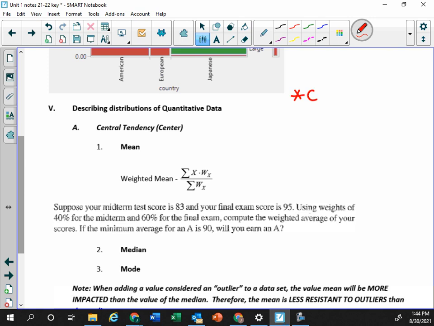You're going to have to CUSS about your distribution. It stands for center, unusual features, shape, and spread.